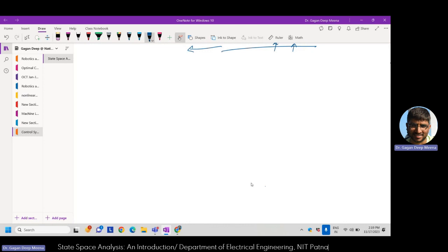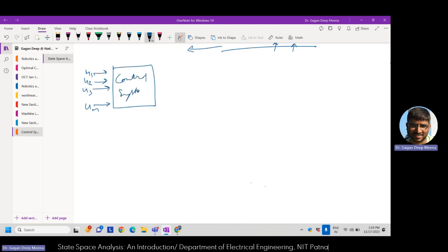We can have a look at the above equations which we have seen. We can draw a block diagram which represents the set of inputs. So it can be your U1, U2, U3, and UM. So those are your inputs to the control system.